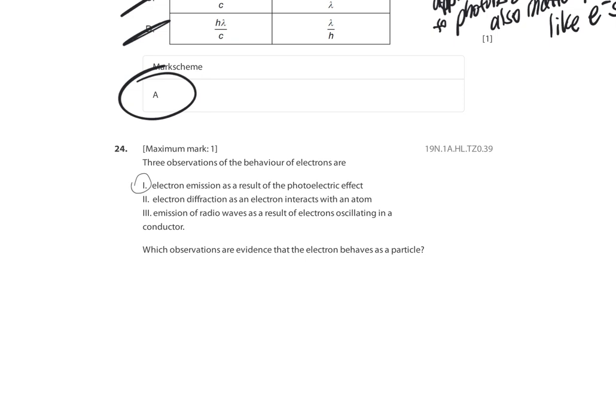Photoelectric effect is definitely photon as, wait a second. This is electron as a particle. I'm thinking photon as a particle. Well, I can tell you this, it's definitely not 2. Electron diffraction, as an electron interacts with an atom, in order for the electron to diffract, it has to have wave properties. It's talking about particle properties, so definitely not 2.